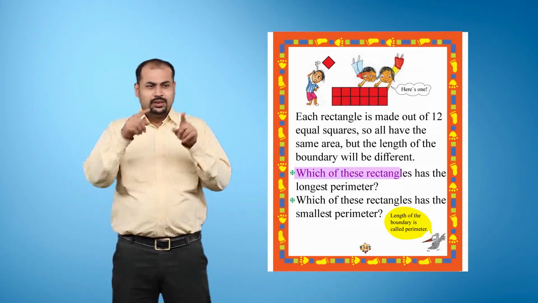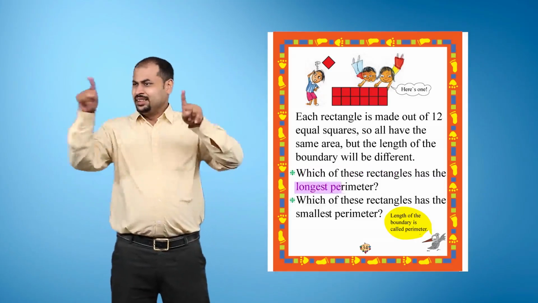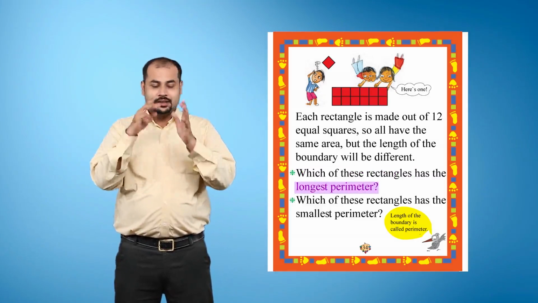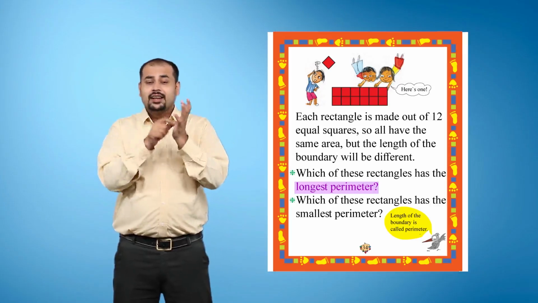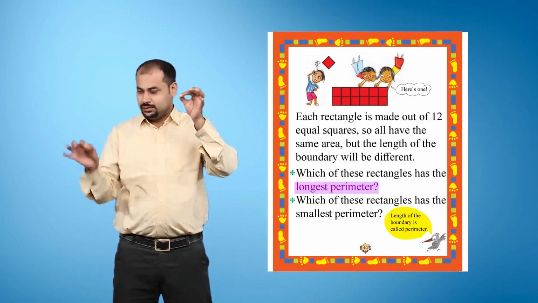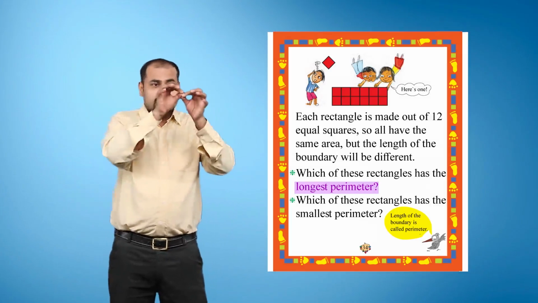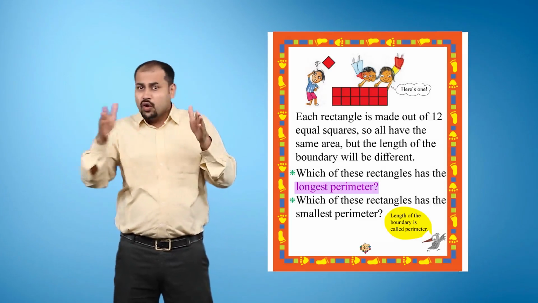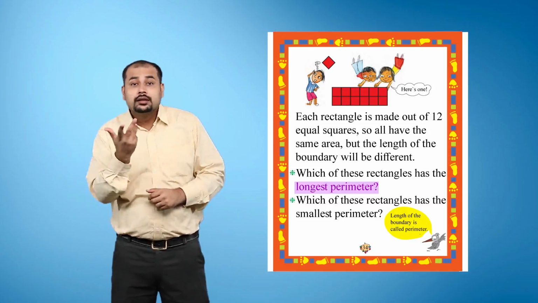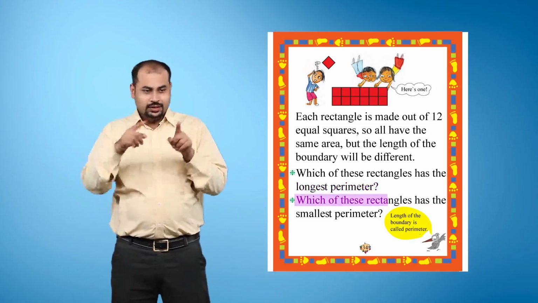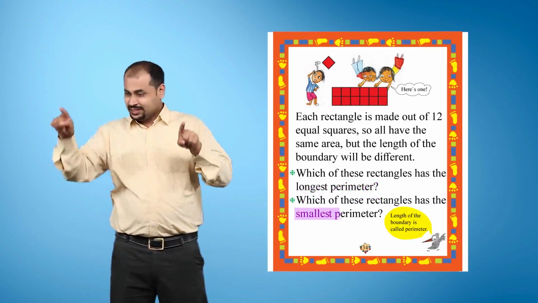Which of these rectangles has the longest perimeter? Which of these rectangles has the smallest perimeter?